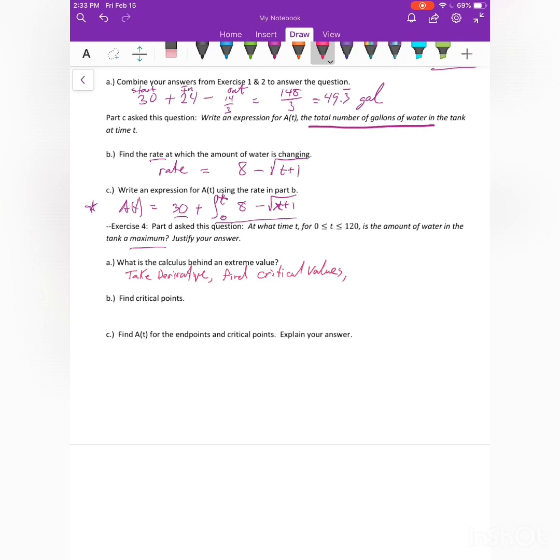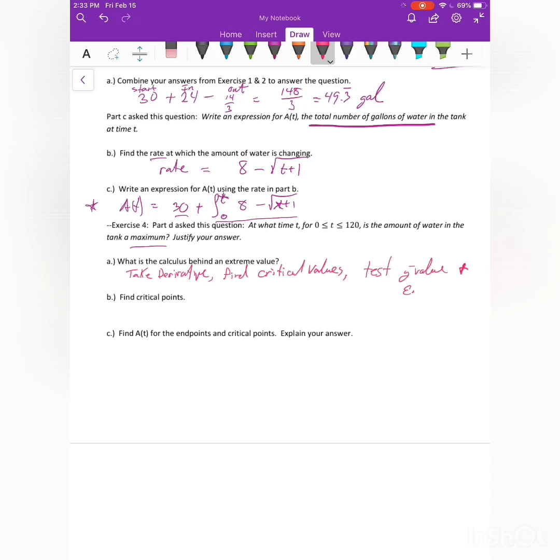So we probably want the highest point, which makes it an absolute maximum. So we need to test the y values at each one of those critical points, and I have to add in here, endpoints. When you do absolutes, you need to remember to test endpoints. That's what a lot of people forget.